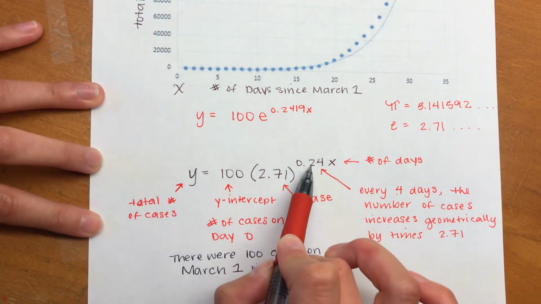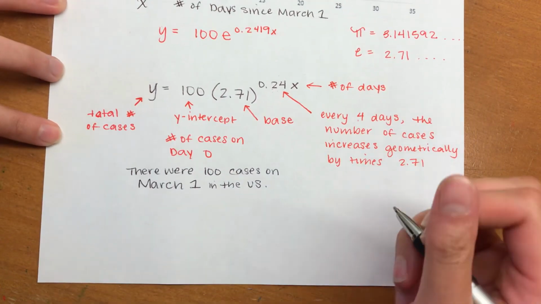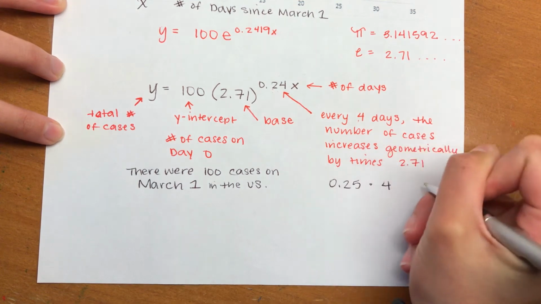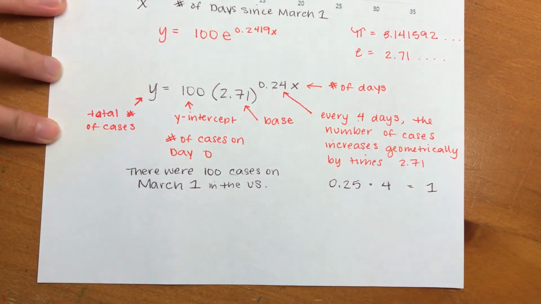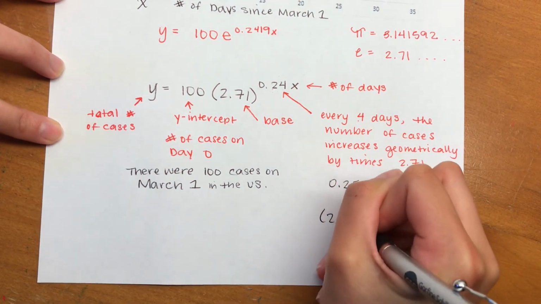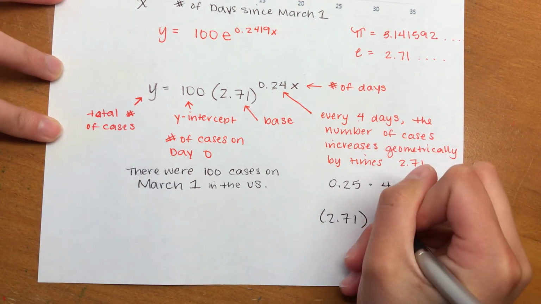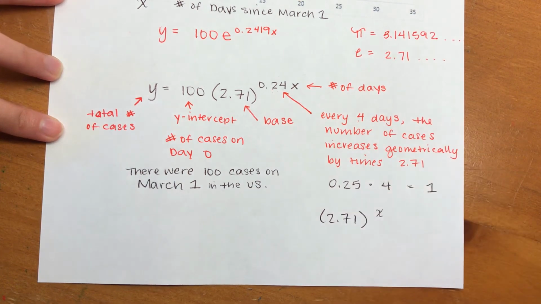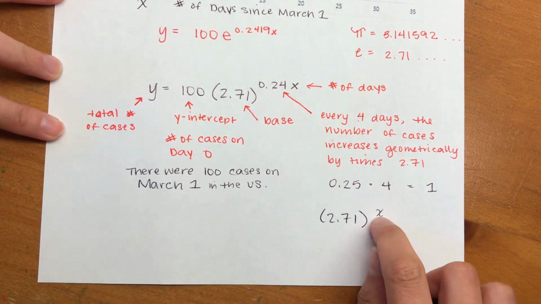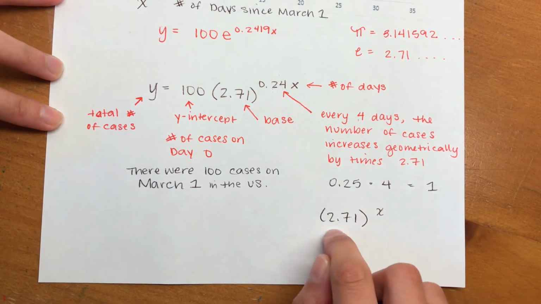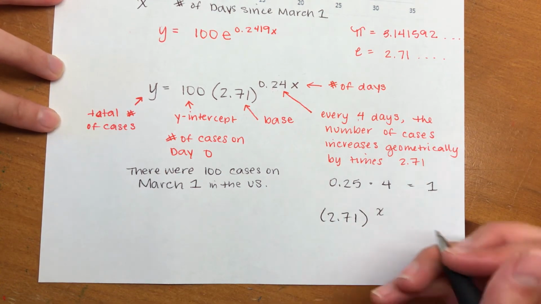What I did is 0.24 is really close to 0.25. 0.25 times 4 equals 1. All right? So since 0.25 times 4 equals 1, I'm saying that 2.71 every 4 days will be increasing, so every fourth day will multiply by 2.71.